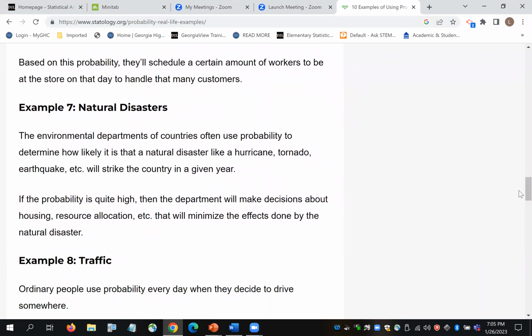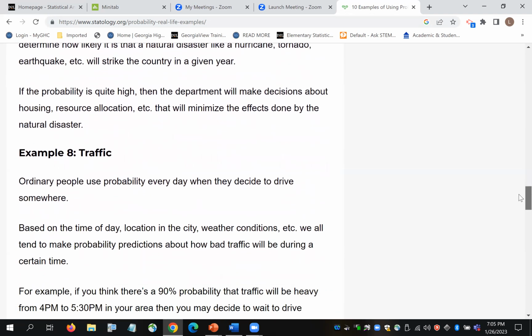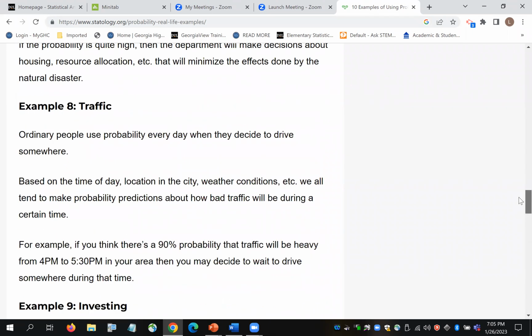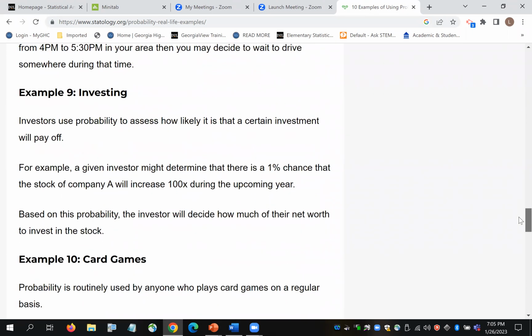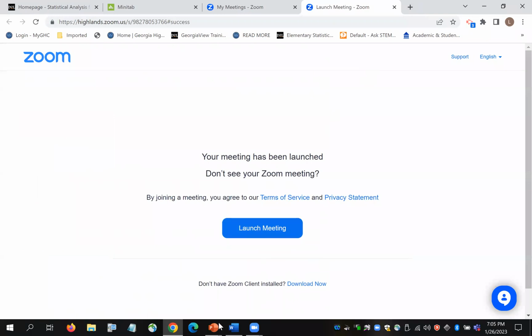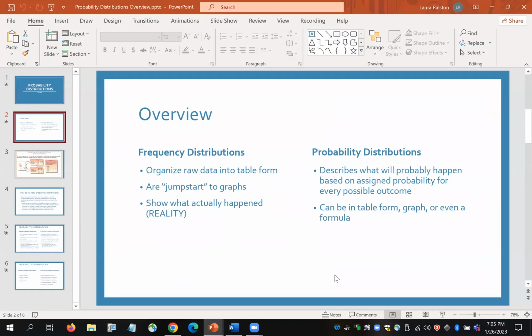They determine how likely it is that a hurricane is going to hit a particular area, or a tornado, or an earthquake is going to strike at a particular time in a particular area. Again, looking at traffic patterns. Okay, so there's lots of uses. Investing, that's another one related to business. So there's lots of uses for probability distributions.